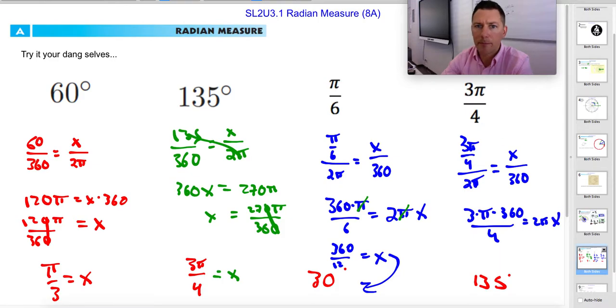Your pi's cancel out. The 360 over 4 is 90. And you get 3 times 90. And then when you divide, you have to divide this 2 off, divided by 2. So this is really 45 times 3, which is 135.